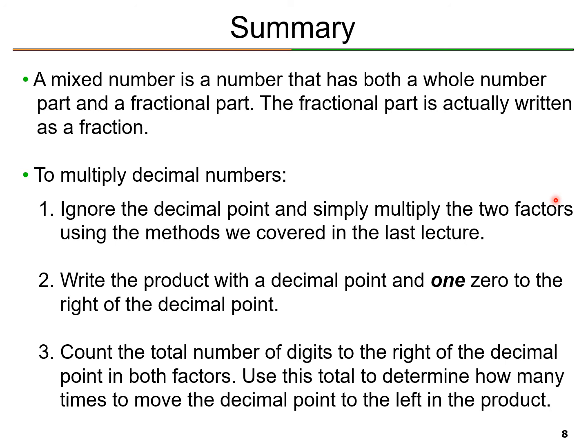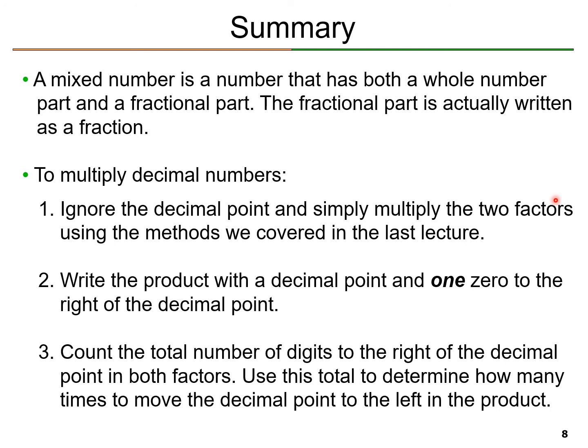To multiply decimal numbers, here's the recipe. I did not give you the recipe, but you should have been able to come up with it based on the 2 examples. Step 1, ignore the decimal point and simply multiply the 2 factors using the methods we covered in the last lecture. Step 2, write the product from step 1 with a decimal point and a 0 to the right of the decimal point.